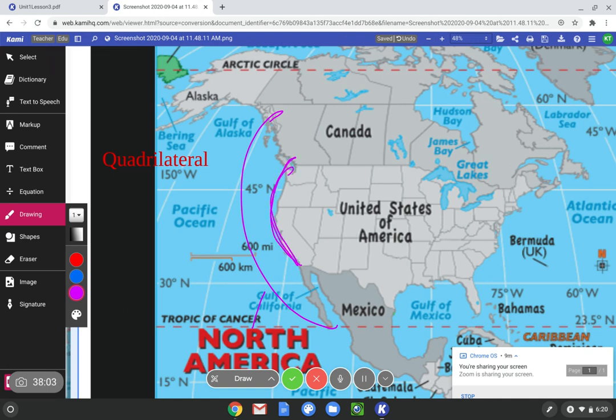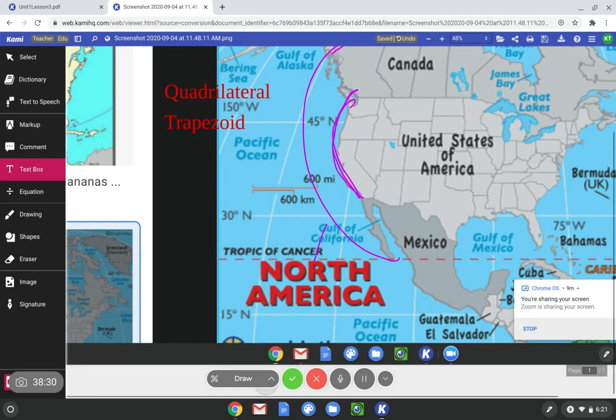So that would be like saying you're a trapezoid because the USA is always in North America. So trapezoids are always quadrilaterals. So since trapezoids are always quadrilaterals, that's the same as saying the USA is always in North America.